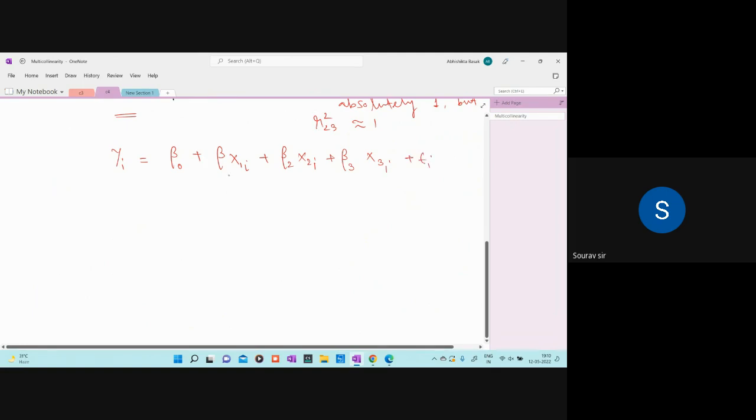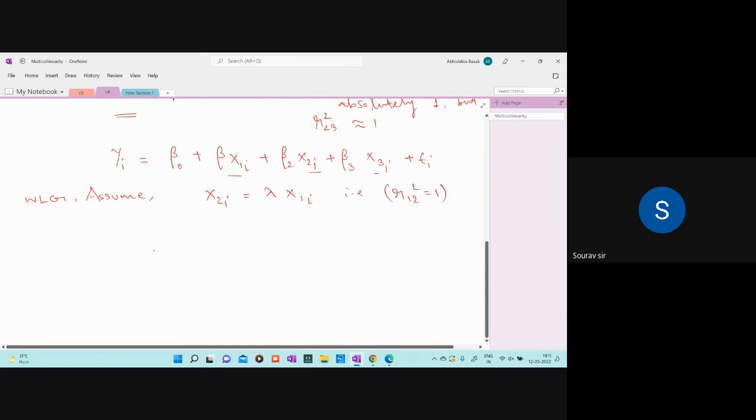There are three variables you can see, and suppose I am assuming, without loss of generality for explanation, that x2i is equal to lambda times x1i. That is, these two variables are related.